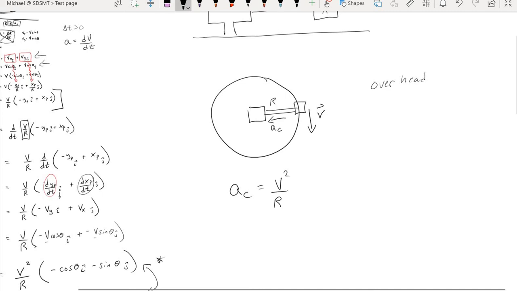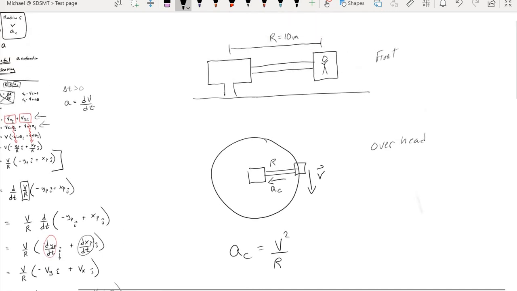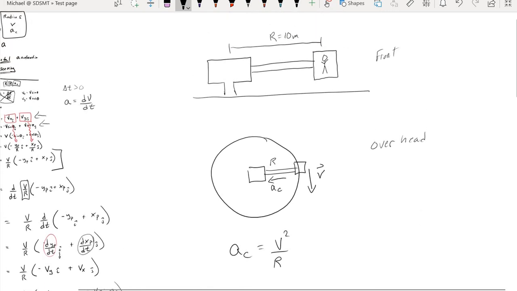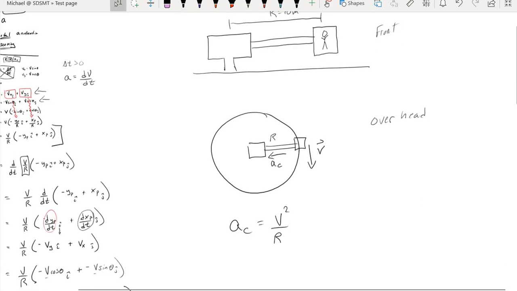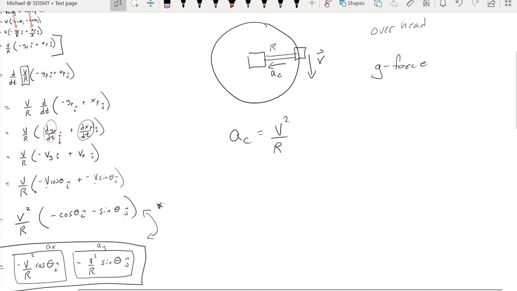And so what we can do by varying the speed of this apparatus is we can increase or decrease that acceleration. And what we're doing here is we're testing the individual's endurance to extreme forces of acceleration. So we call these G-force, and we'll get to the definition of force in the next chapter, but for right now we're just going to focus on acceleration.